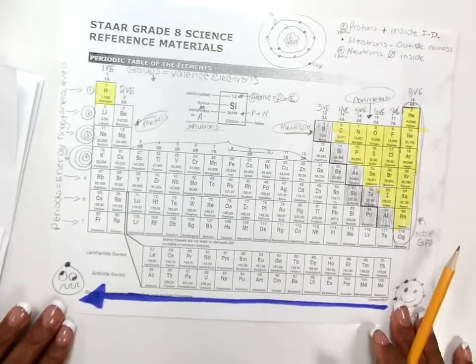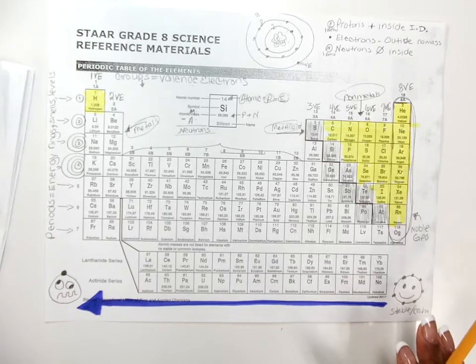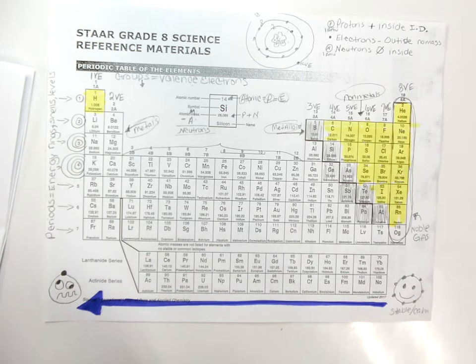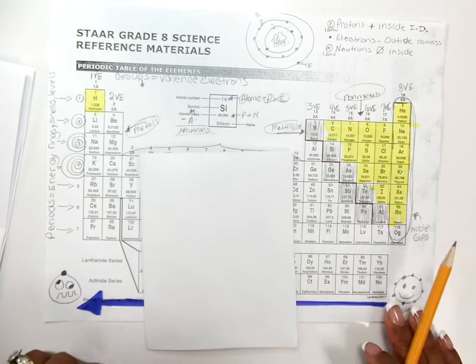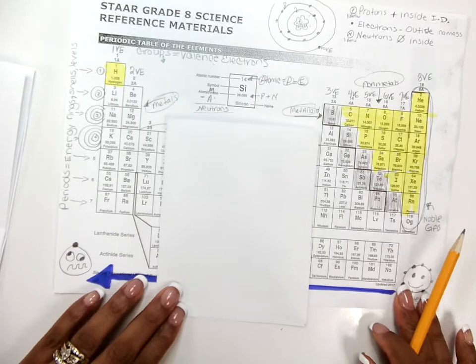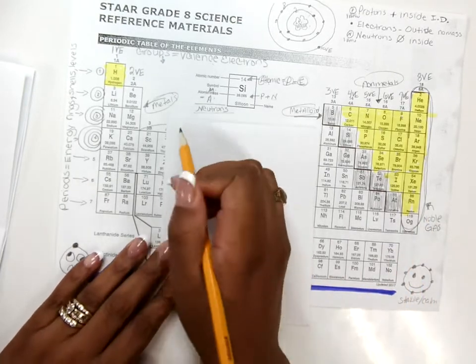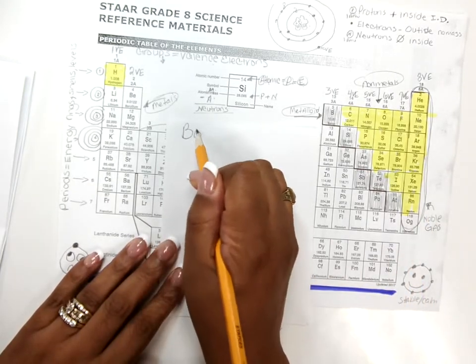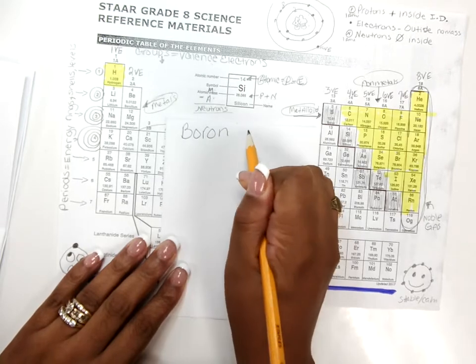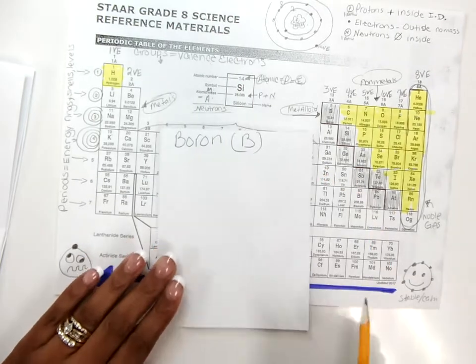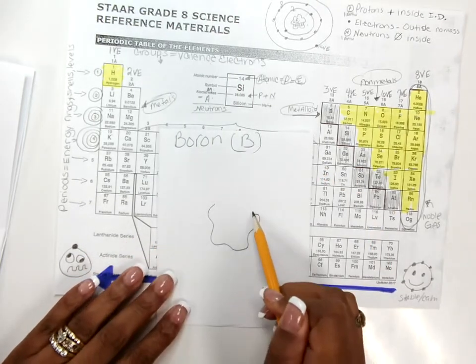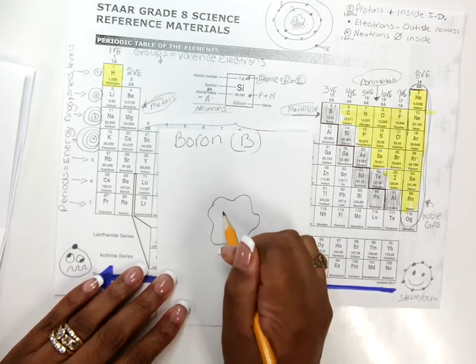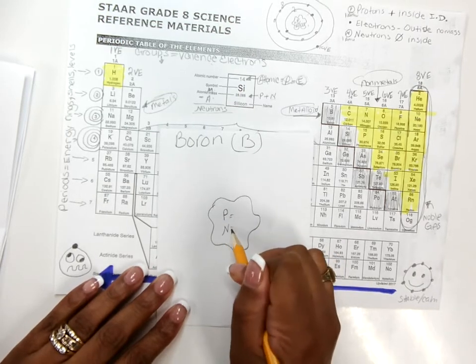Let's do an easy one. Potassium wasn't as easy as oxygen. Let's do one more together. If I say, draw a model of boron, nucleus. I know y'all can draw better than me, so don't make fun of me.